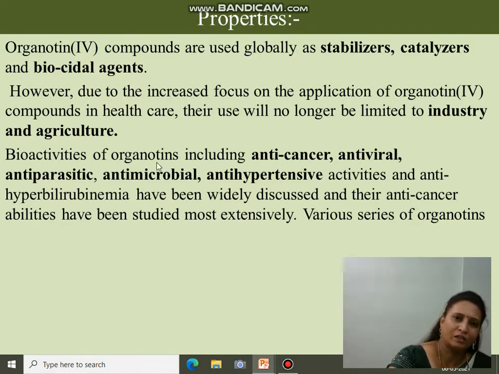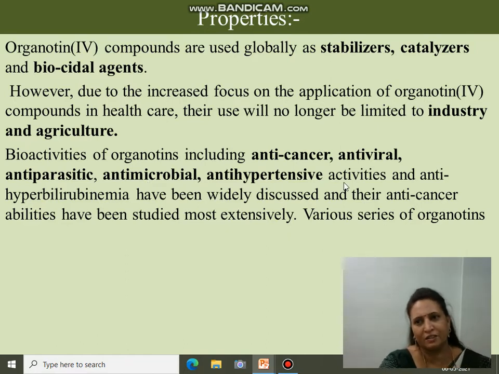Bioactivities of organotin include some biological activities such as anti-cancer, antiviral, antiparasitic, antimicrobial activities and anti-hyperbilirubinemia, which have been widely discussed. Due to these various biological activities, they can be used in pharmaceuticals.